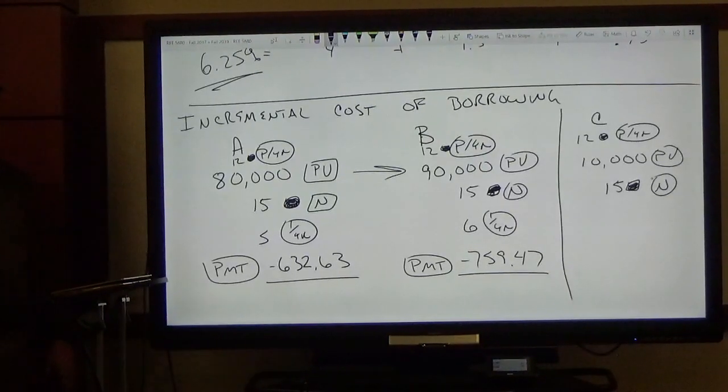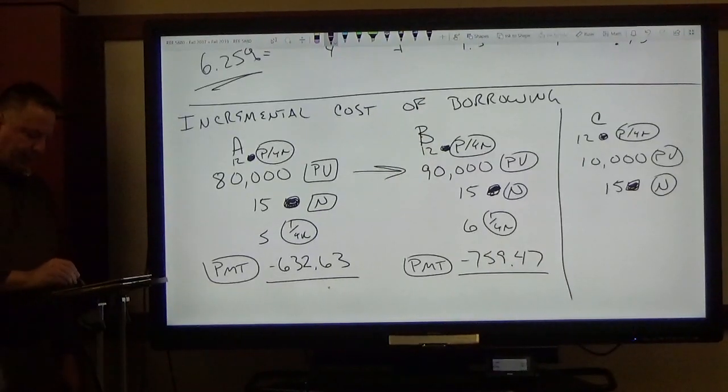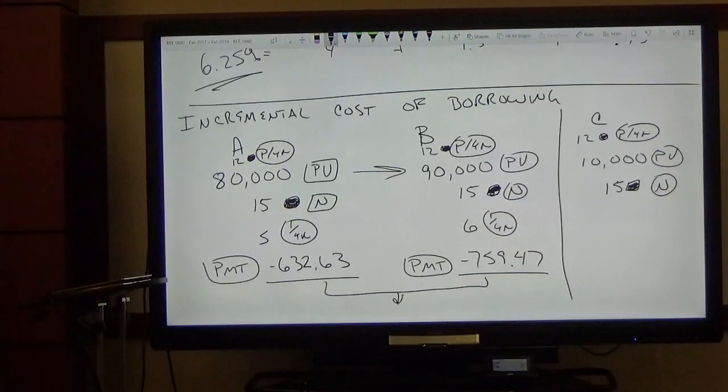But their interest rate, we're going to, in essence, back solve for it. We're going to say, what is the difference between the payments for lender A and lender B, because that would all be attributed to the difference for that extra $10,000. Yes?